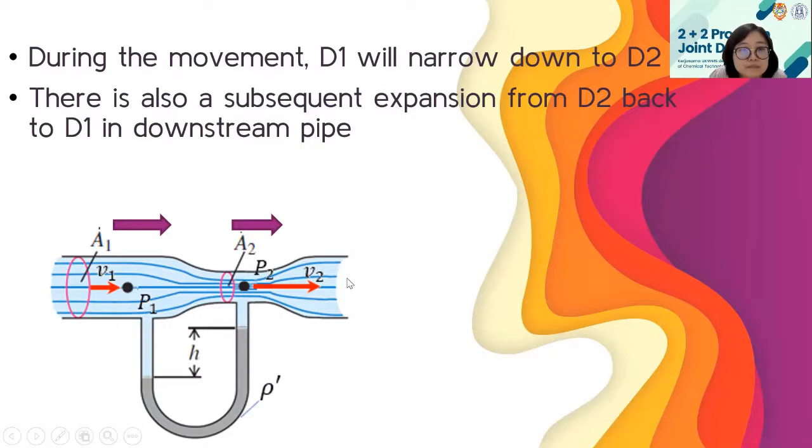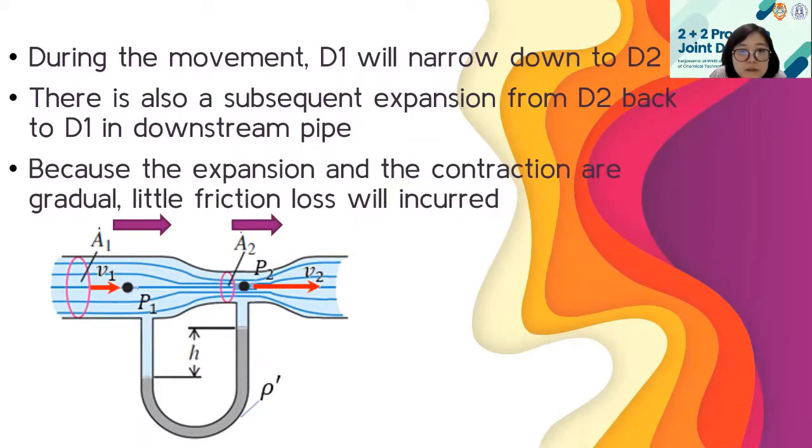Because of the expansion and also contraction, there will be a friction loss. However, as you can see from this shape, the expansion and the contraction are gradual.